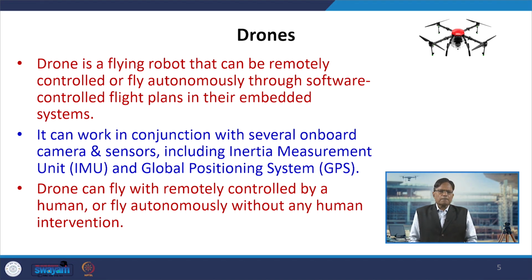It can work in conjunction with several onboard cameras and sensors, means it houses many different types of cameras and sensors which you will learn about in a subsequent talk, including the inertial measurement unit, IMU, a very important unit which governs the movement of the drone in 3 dimensions, and the global positioning system which gives us the coordinates of the ground points.